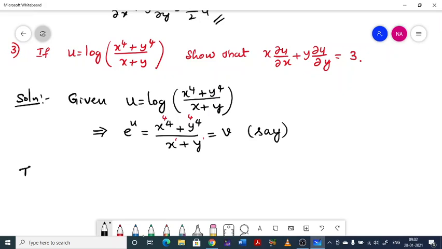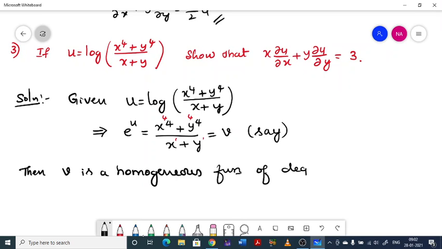Then v is a homogeneous function of degree 3.